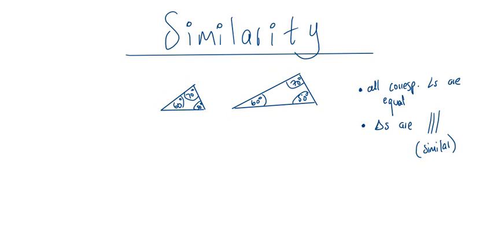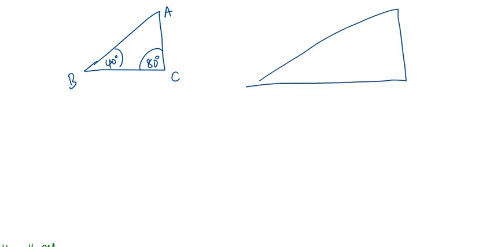Now let's have a simple example. Let me say I give you this triangle here. Let's call it ABC. And then I say to you, this is 80 degrees here, and then this is 40 degrees. And then I give you a triangle KFC.